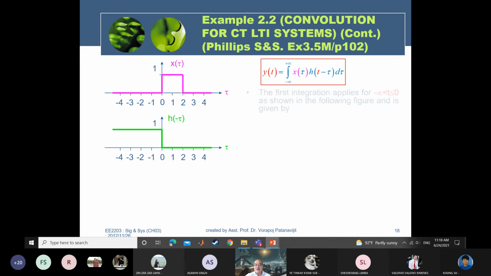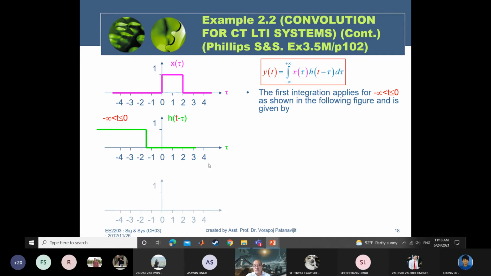Now, the first one is very easy. The first integration is applied for time less than 0, as shown in this figure. Draw the two curves, the pink and the green curve, on the same axis, to multiply them first, x(τ) and h(t-τ). Now for time less than 0, the pink equals 0. Zero multiplied by anything gives you 0, right?